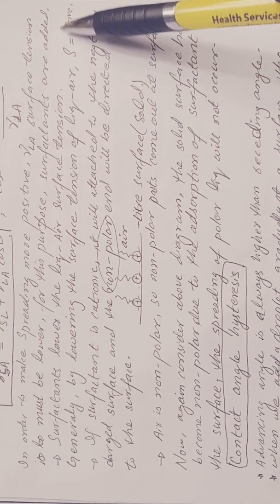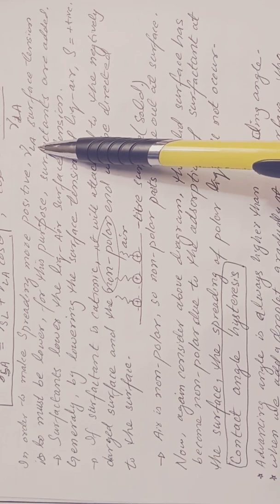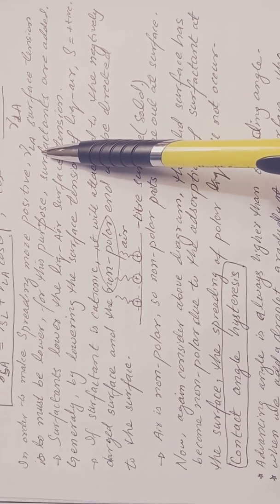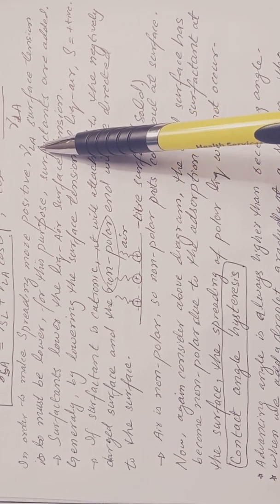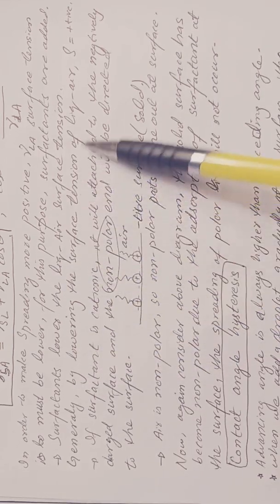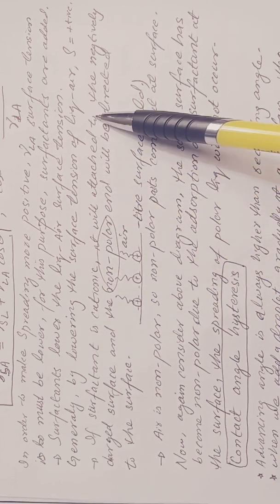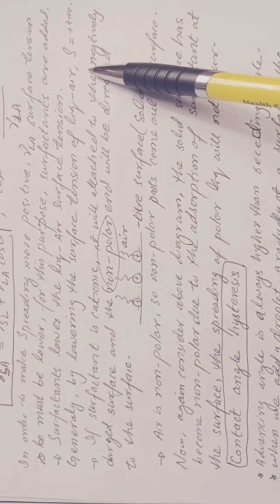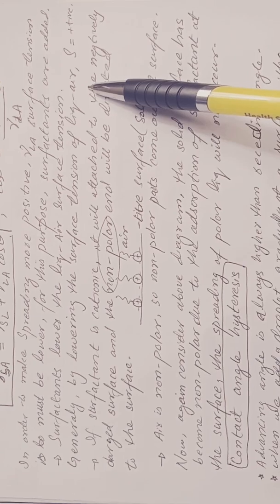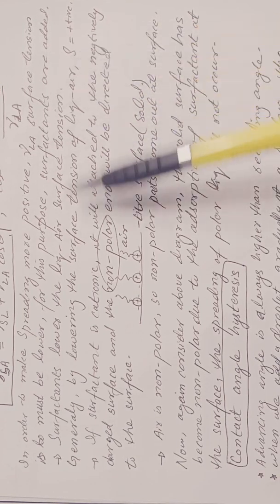When surfactants are added, they decrease the value of the liquid surface tension. So the surfactants lower the liquid air surface tension, and generally by lowering the surface tension of a liquid, we can make the spreading coefficient more positive.